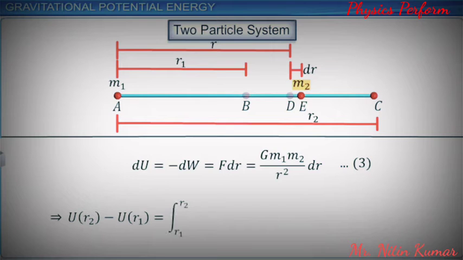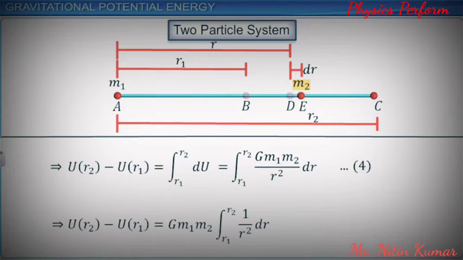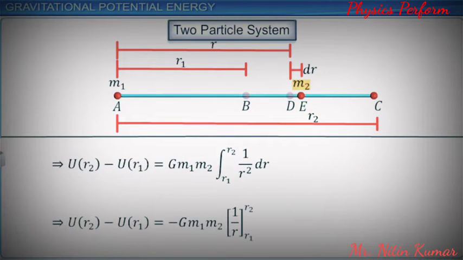Let this be equation 4. On simplification, we get the expression U(r2) minus U(r1) is equal to G m1 m2 into 1 by r1 minus 1 by r2. Let this expression be equation 5.